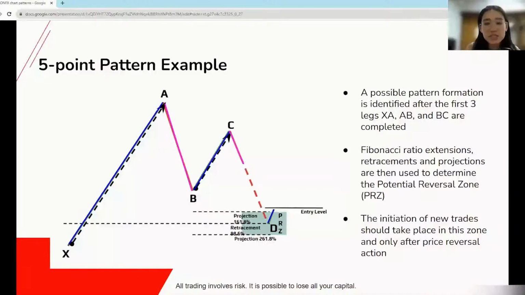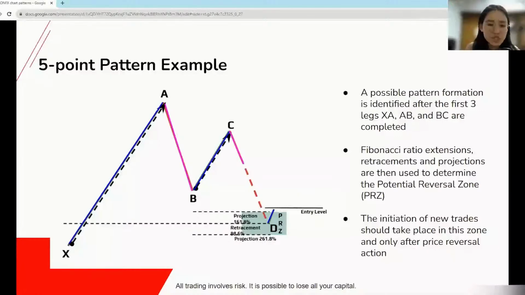Okay, here is how we use Fibonacci in this case. Possible pattern formation is identified after the first three legs, so XA, AB, and BC. Then we see where exactly we can place our entry level. Normally, your entry level would come after this neckline area here, because that's where you get downside confirmation.